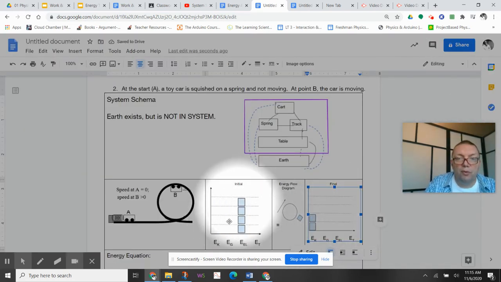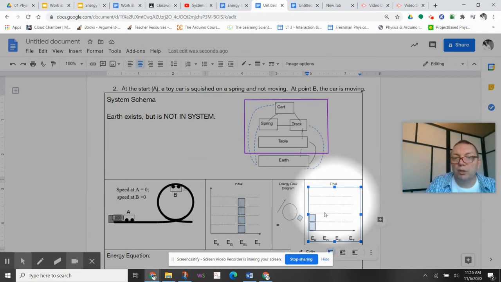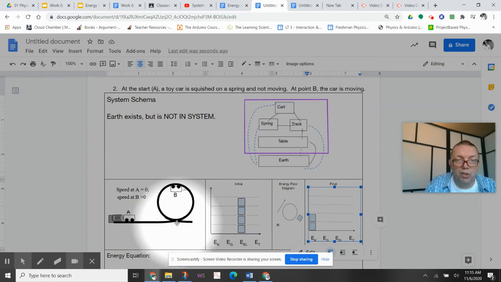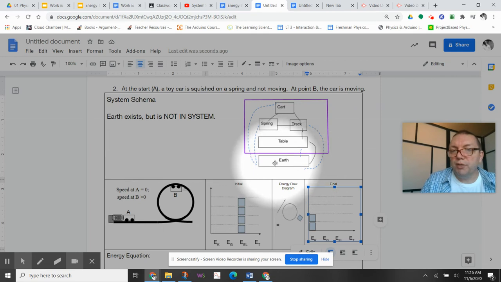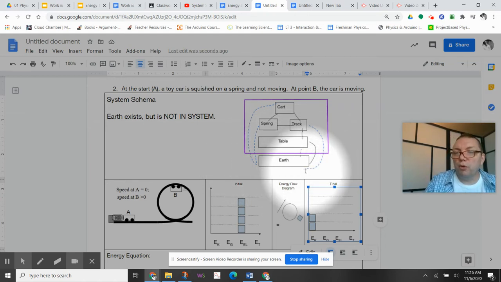So we start off with 4 units of elastic energy. We end with only 2 units of kinetic energy. Now when we look at position B, gravity exists. The gravitational field exists. The Earth does push and pull on things. But the push and pull of the Earth is from something outside of our system.